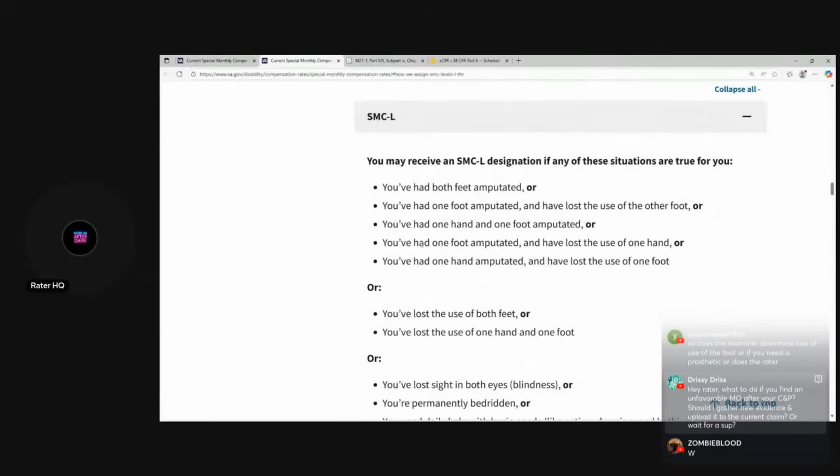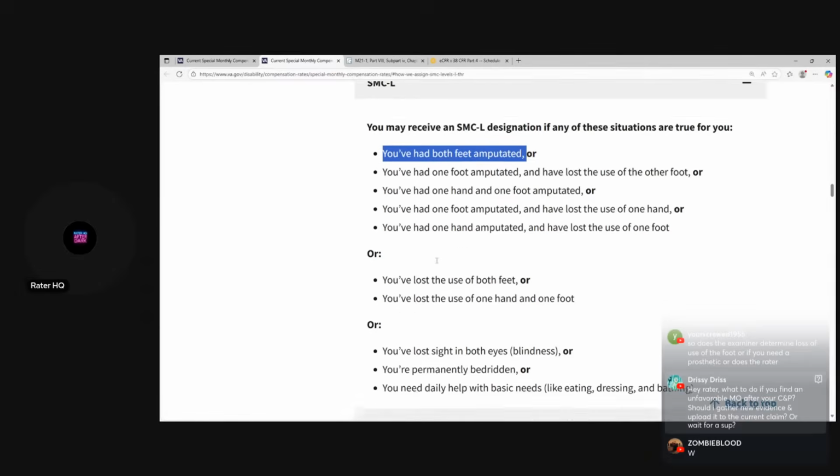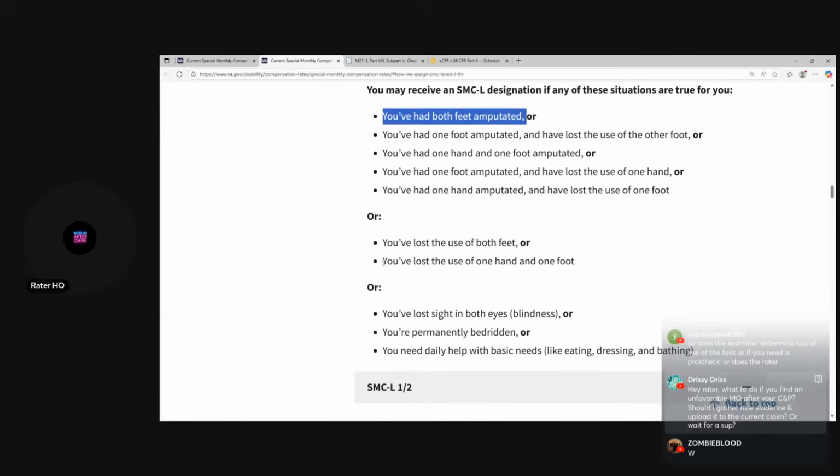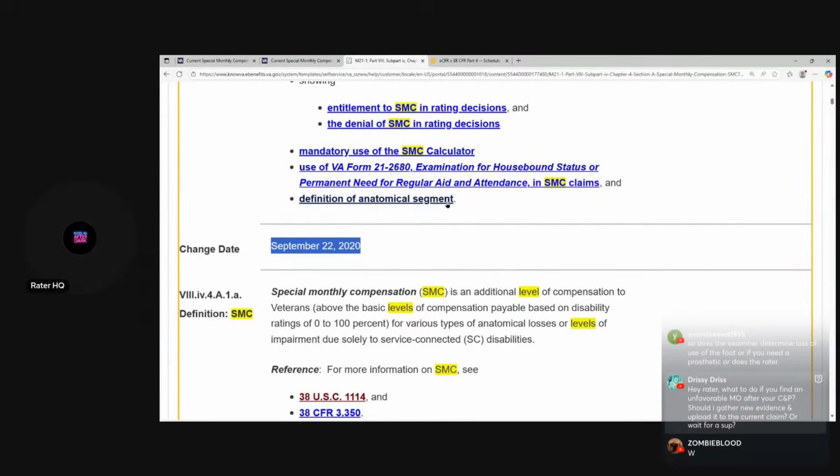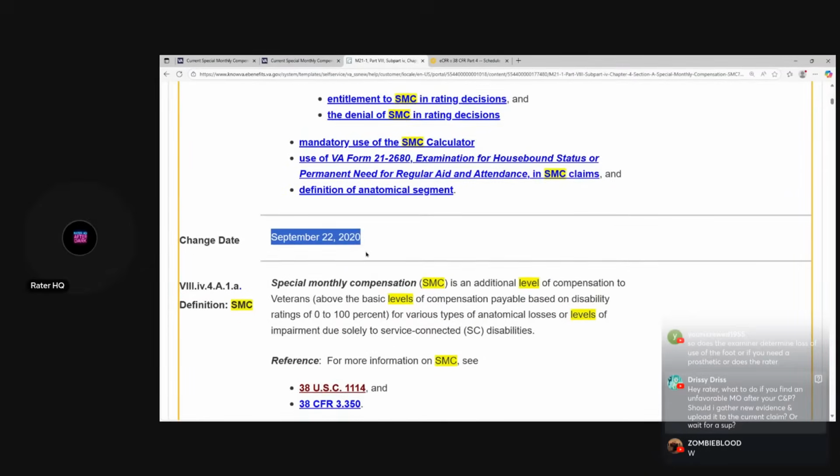Let's go to L, and you've had both of your feet amputated and you're permanently bedridden. Then you could be O. I don't know if that makes any sense to anybody, but it's about as clear as mud. And then, yeah, I wanted to show you guys the date of the change, September 20th, 2020.